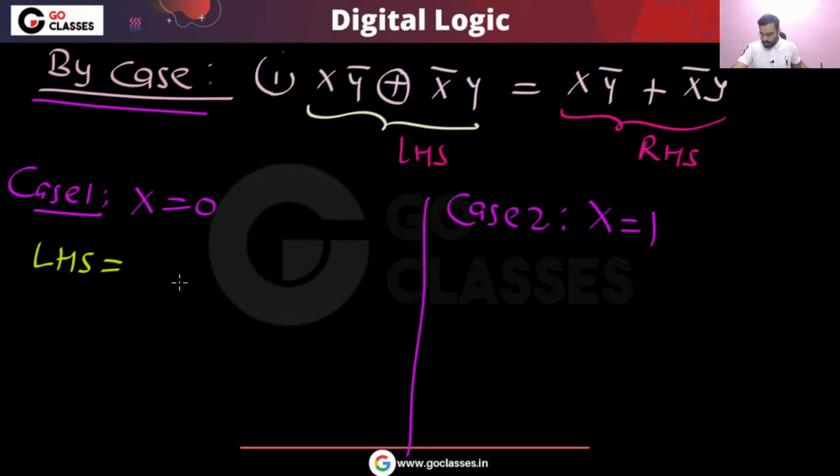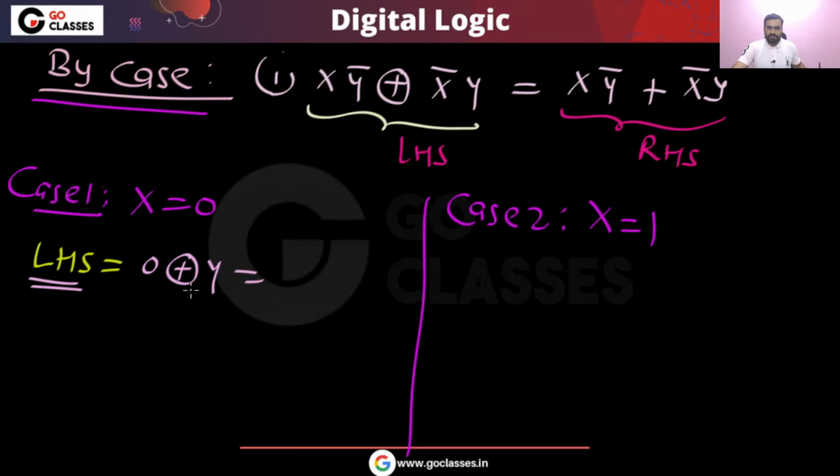Now let's see. Only two cases are possible, x equal to 0 or x equal to 1. When x equal to 0, what is the LHS? This will be 0, and x is 0, so this will be y. So it will be 0 exclusive or y.